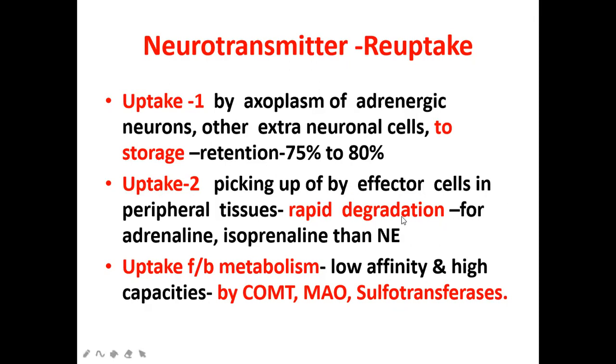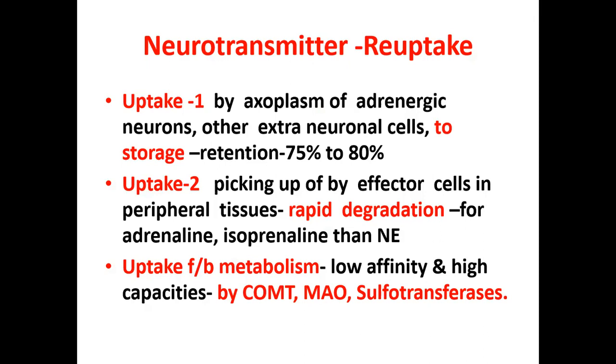The neurotransmitters that undergo rapid degradation are adrenaline, isoprenaline, then norepinephrine. So rapid degradation occurs in adrenaline, followed by isoprenaline, and the least degraded is norepinephrine. Finally, the uptake mechanisms 1 and 2: uptake 1 is a retention mechanism whereby the axoplasm of the adrenergic neuron or other extraneuronal cells stores up to 75 to 80% of the neurotransmitter.